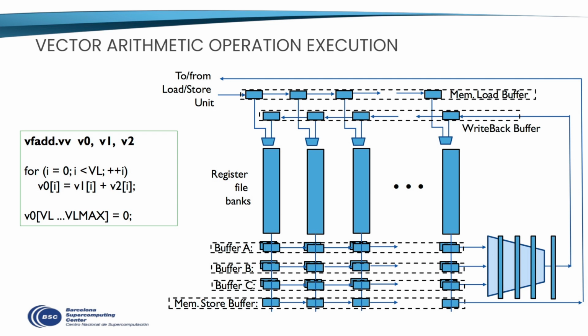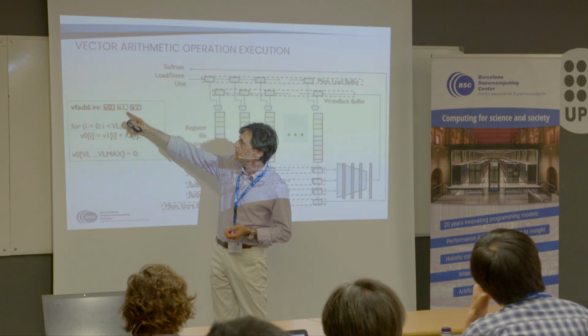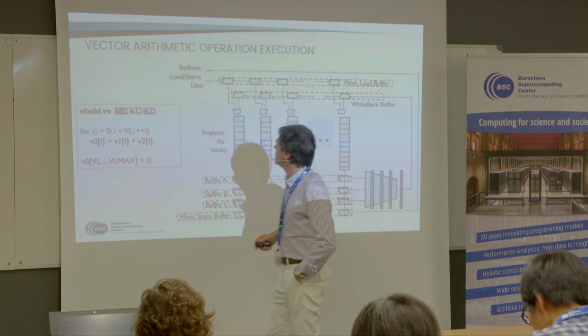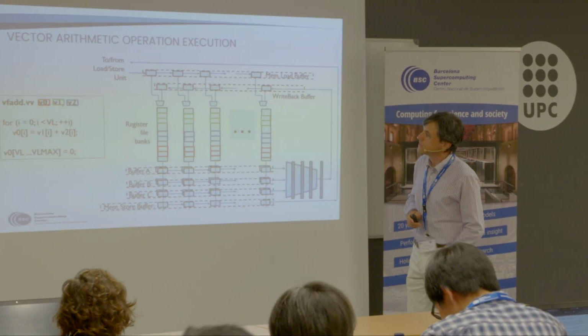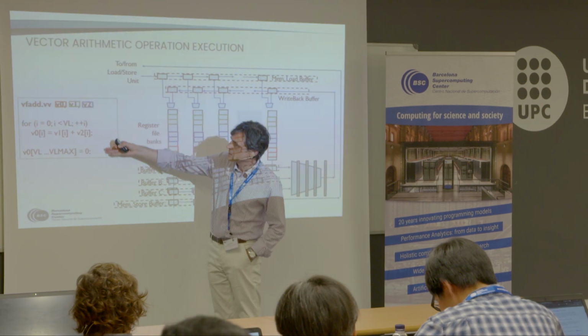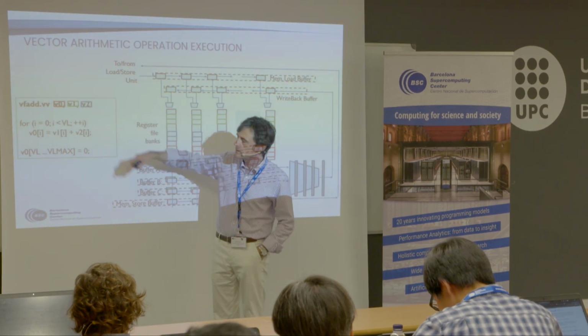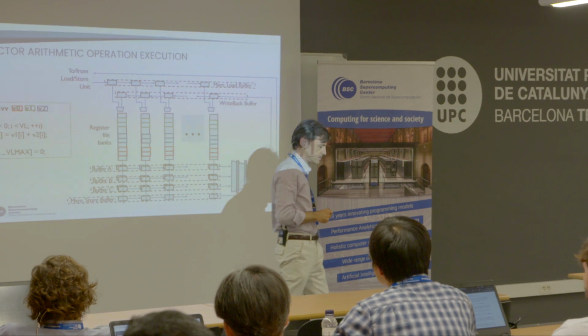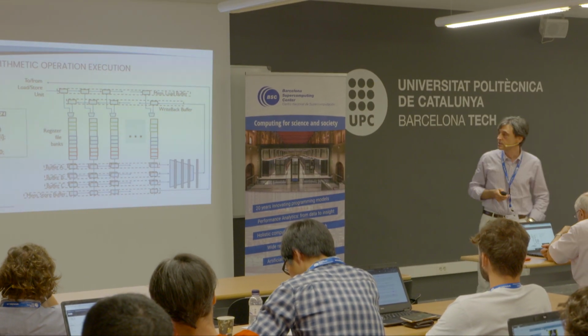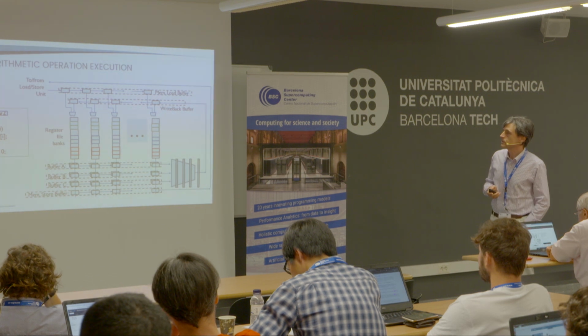So assume that we have to do this addition V1 plus V2, vector 1 plus vector 2, and put the results in vector 0, okay? This is the pseudocode that is executing the same thing. This is what you would write in a scalar processor, in a sequential program to be executed on a scalar processor if you do that with C language.